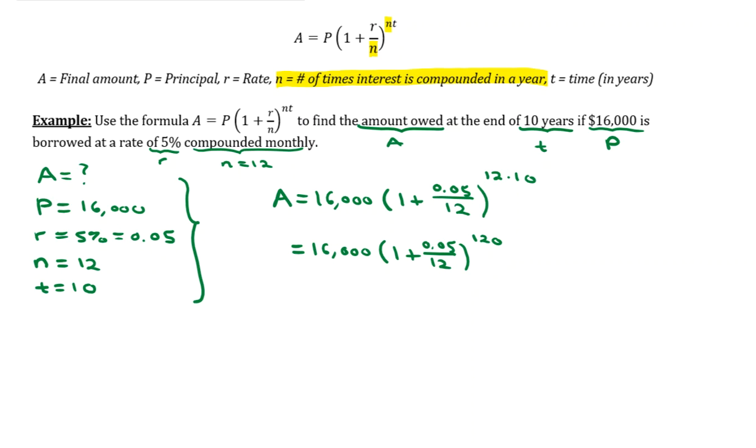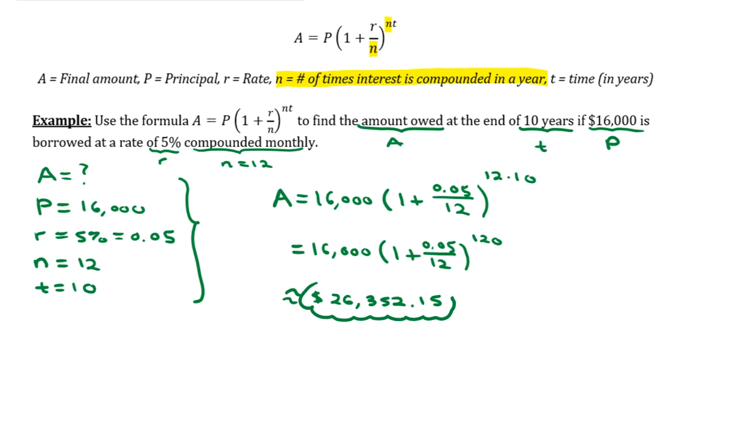But what you want to do is go ahead and enter this into your calculator, and we'll round to the nearest penny. This should give you 26,352.15.